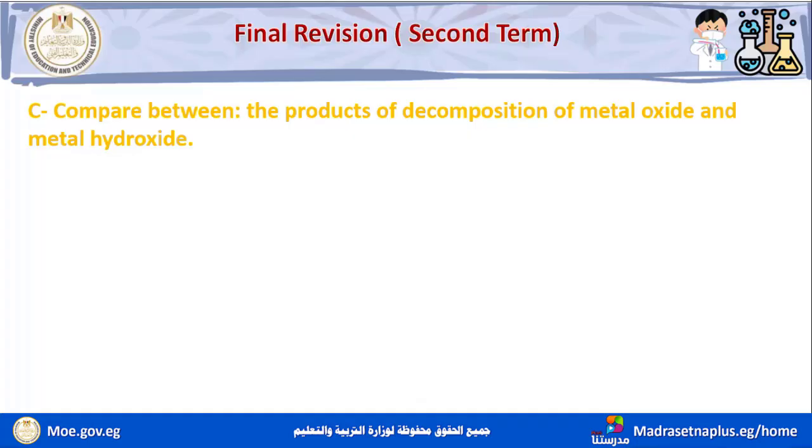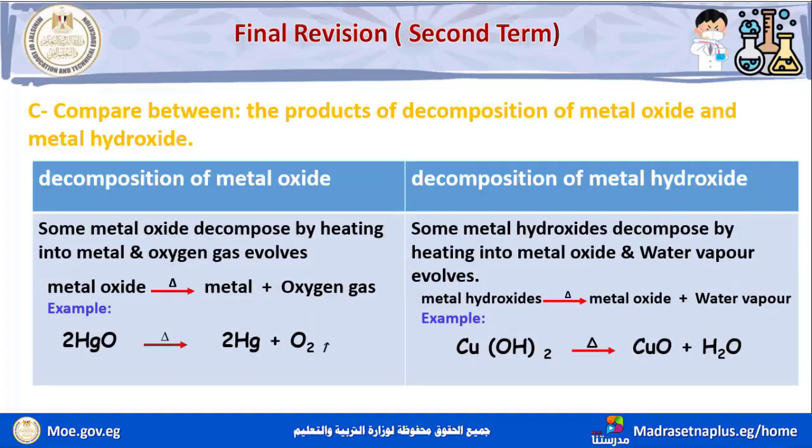Letter C, compare between the products of decomposition of metal oxide and metal hydroxide. Decomposition of metal oxide: some metal oxides decompose by heating into metal and oxygen gas evolves.